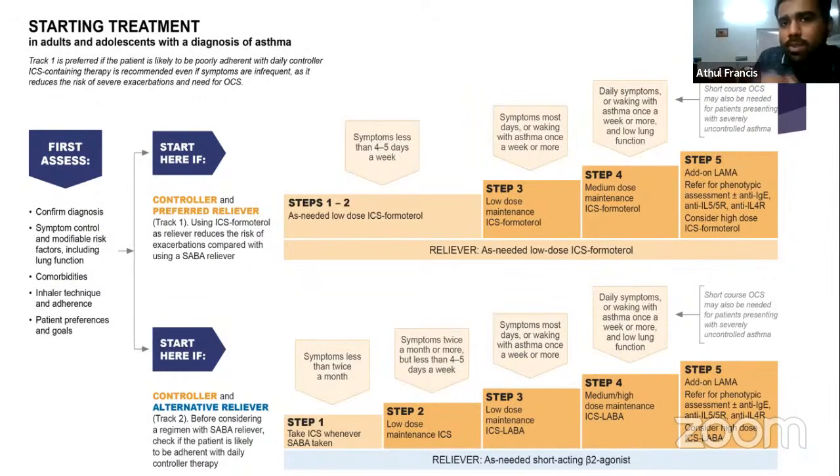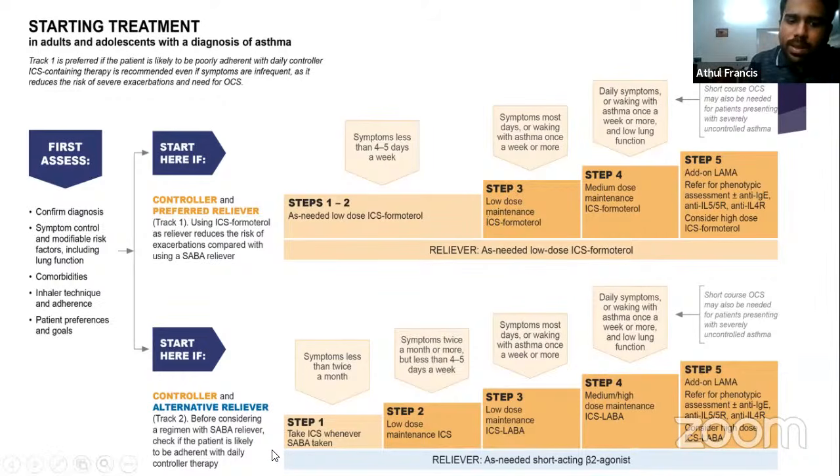And your reliever will always remain a low dose ICS formoterol. So in step 1 and step 2, it can be the same inhaler. In step 3 also, it will be the same. In step 4, you have to increase the dose of inhaled steroid. So you'll take a maintenance inhaler with an increased dose of steroid, while your reliever will always remain the same. If it's uncontrolled asthma, there are other investigations which you have to do.